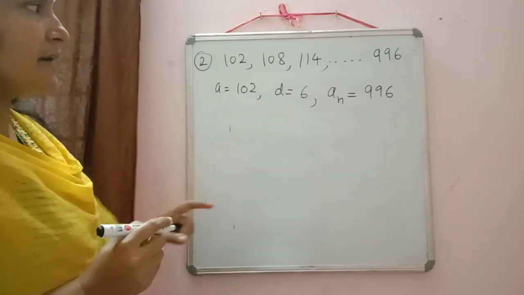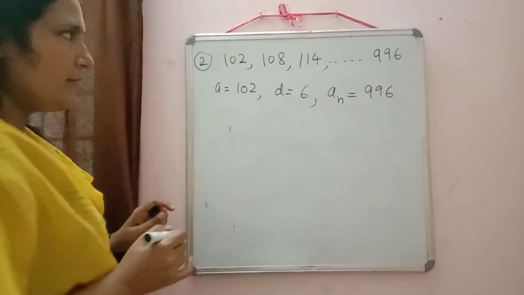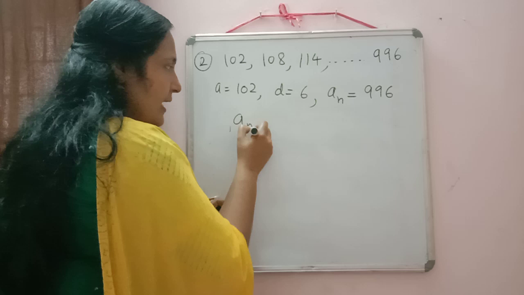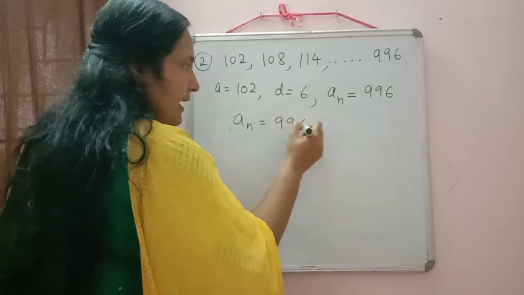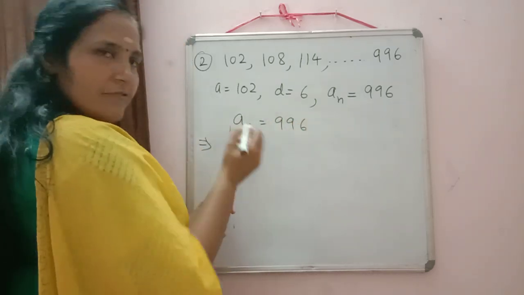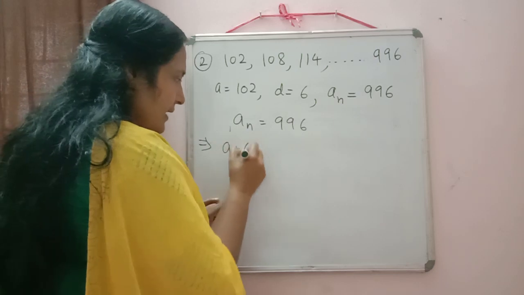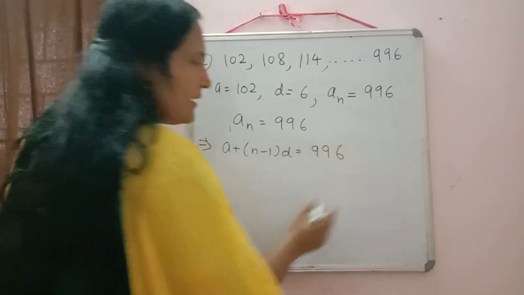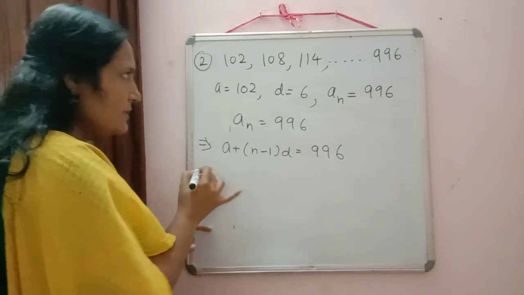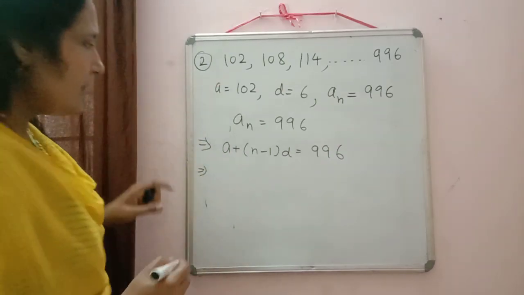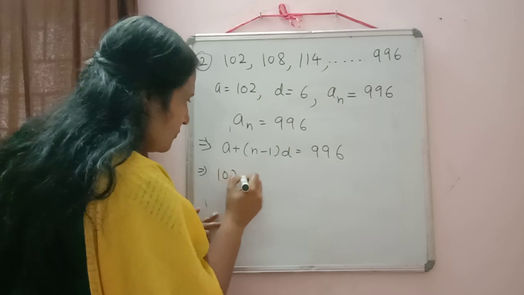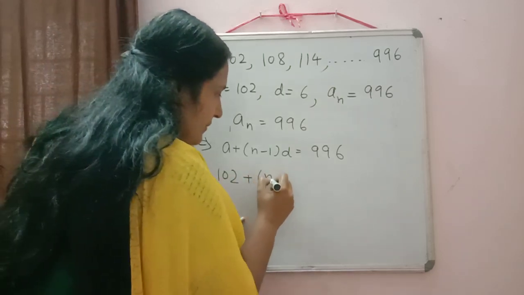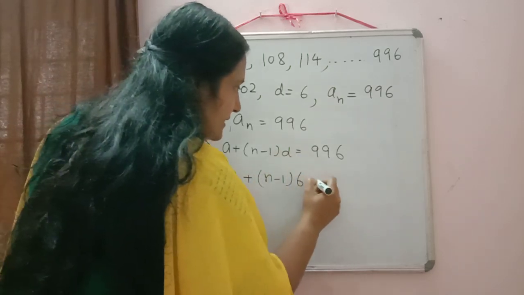Now using this one we will calculate the value of n. Formula for an, a plus n minus 1 into d, is equal to 996. Now we will substitute the value. In place of a we have 102 plus n minus 1 into 6 is equal to 996.